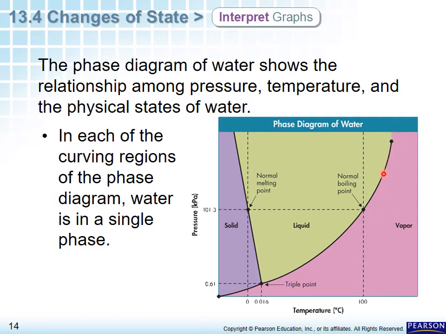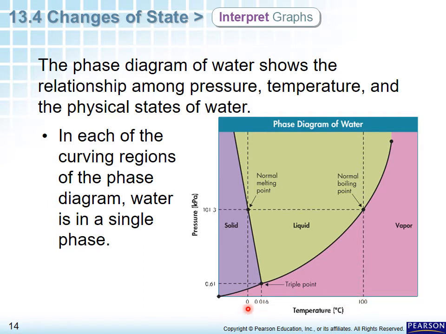Look, the gas covers this part, this part is called the liquid state, and this one is the solid state. The vertical axis indicates pressure, 101.3, and the horizontal axis indicates temperature, from 0 to 100 degrees Celsius.